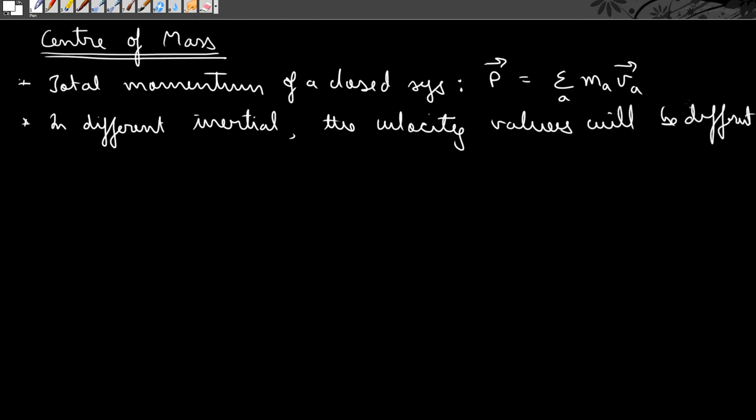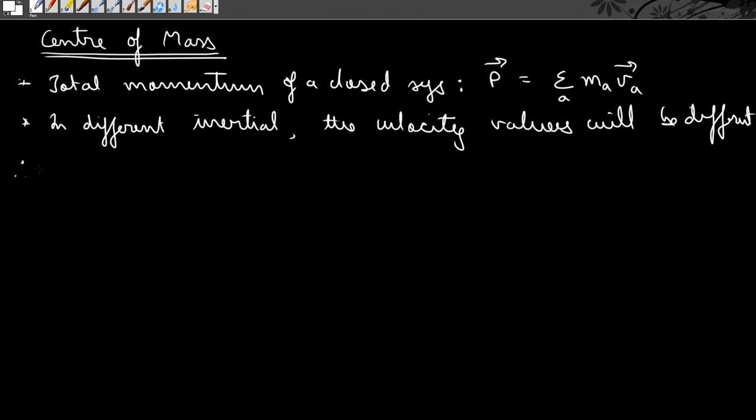So what does this imply? What is the consequence of this? If you take two frames of reference in which one of them is moving with a certain velocity with respect to the other, and if you measure the velocity of each object in the two different frames of reference, you will measure different values for the velocity. That is what this statement means.